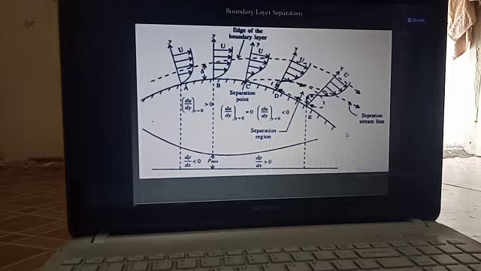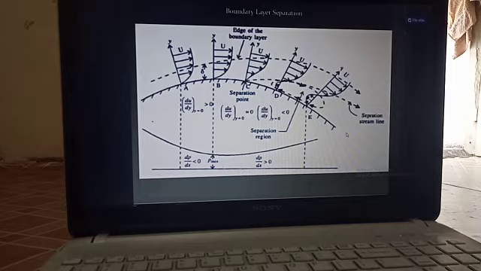Now at point B, when the velocity of the fluid particle is equal to the free stream velocity U, above this point the velocity remains constant, so the velocity gradient will be equal to 0.